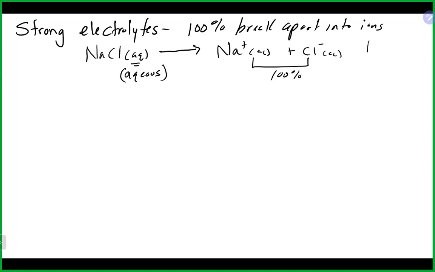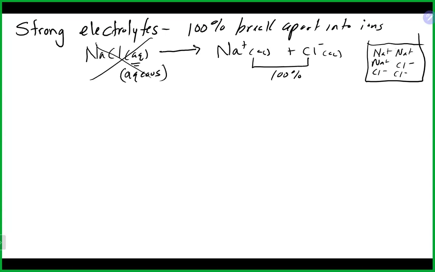100%. So if you had a beaker of sodium chloride solution, all you have floating around in there are sodium ions and chloride ions. You have absolutely none of these guys still together. Just going to completely fall apart into the ions in solution.